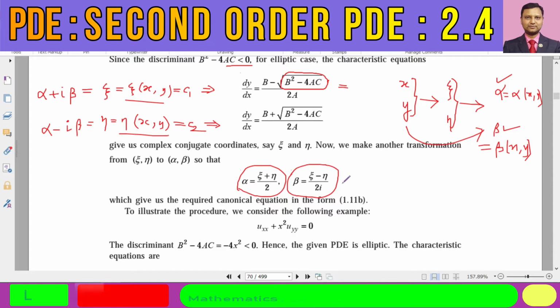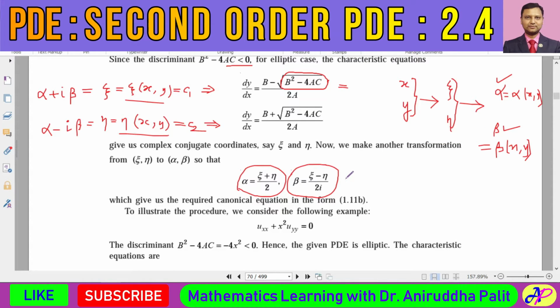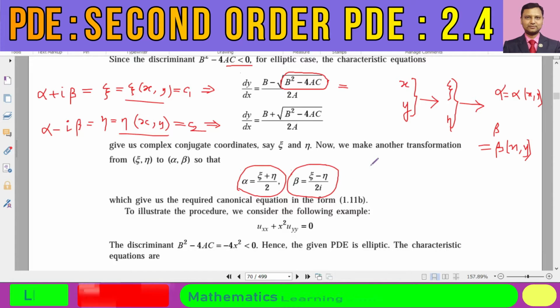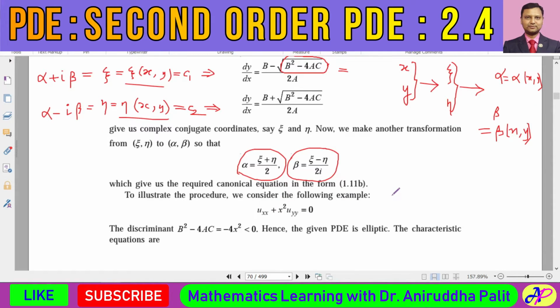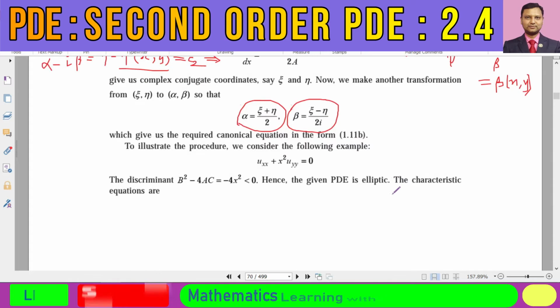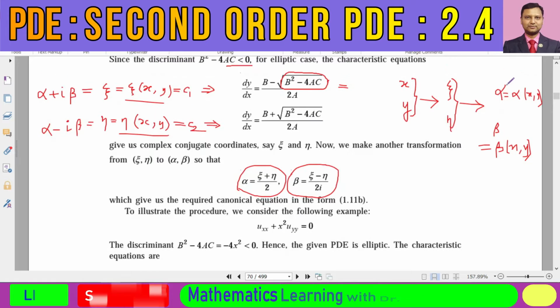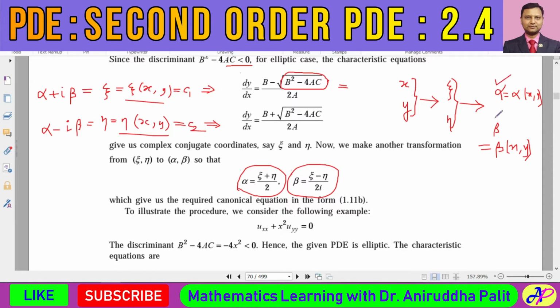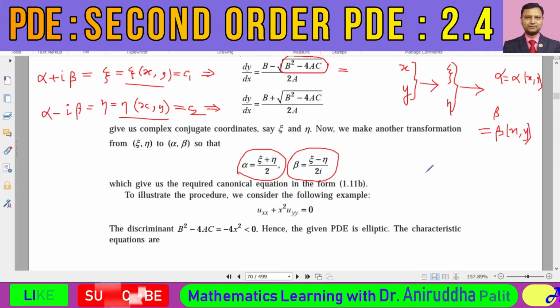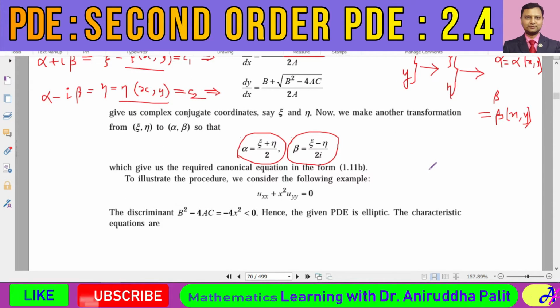We shall compute the rule for alpha and beta, and afterwards the total differential equation will be converted into an elliptic differential equation in terms of these final real variables alpha and beta. So chi and eta are our intermediate complex valued variables. Now, let us try to understand this problem with the help of an example.